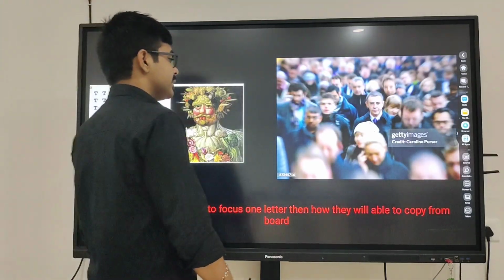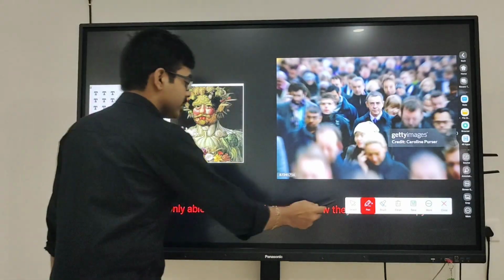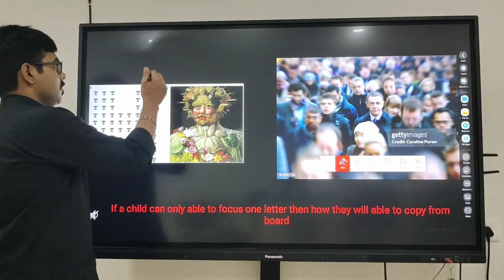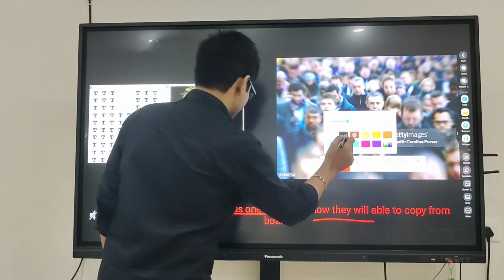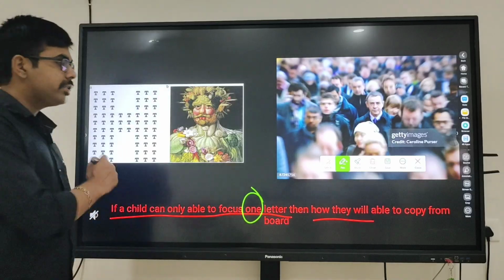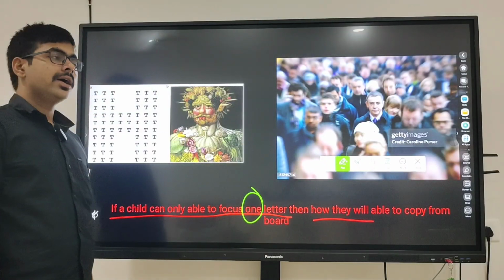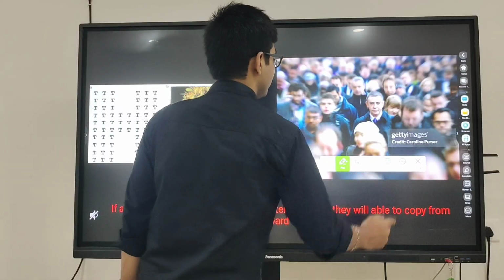Suppose a letter is written on the board and the child is only able to focus on this one letter, then how will they maintain focus for the overall sentence and copy it from the board? Are you getting my point?